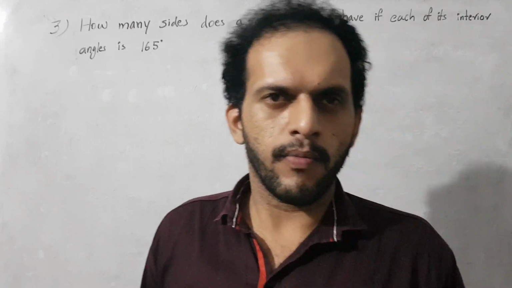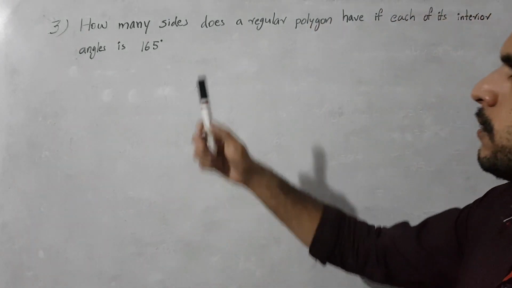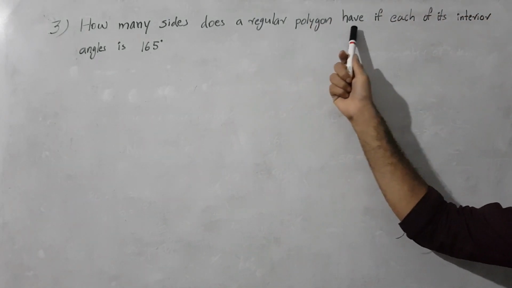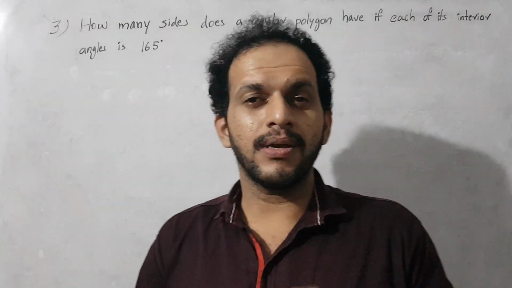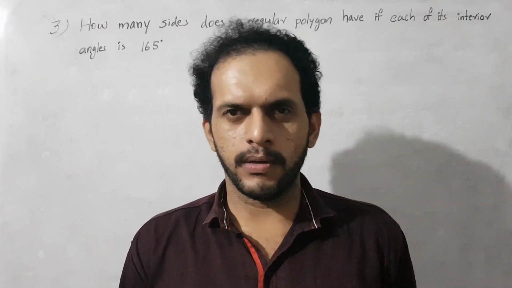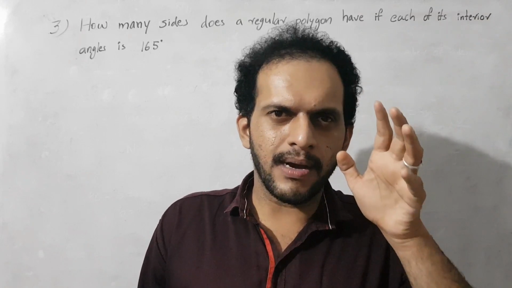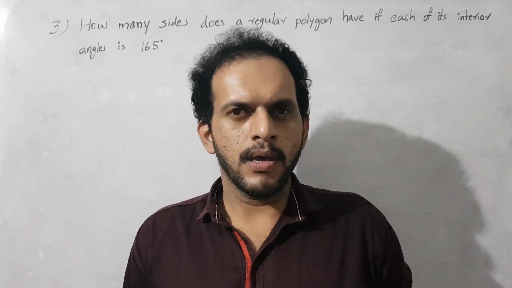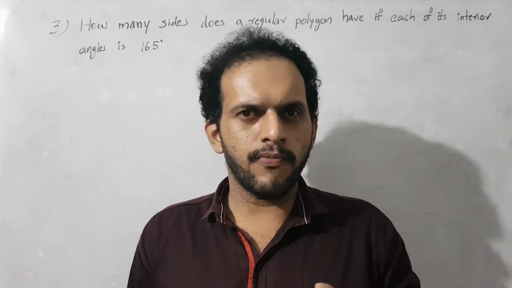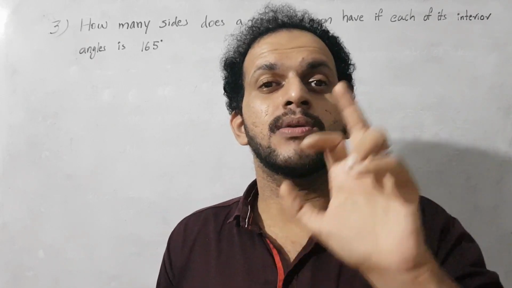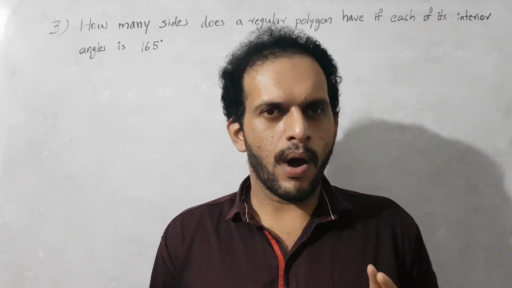How is it possible? Because it is given here that it is a regular polygon with each of its interior angles 165. ഇത് ഒരു regular polygon ആണെന്ന് പറഞ്ഞിട്ടുണ്ട്, അല്ലേ? Then we know the idea in the case of a regular polygon, all interior angles are equal, therefore all exterior angles are also equal. Correct? Why?